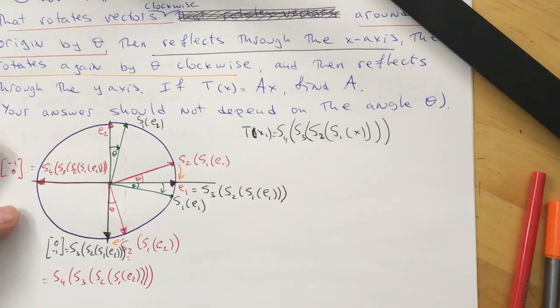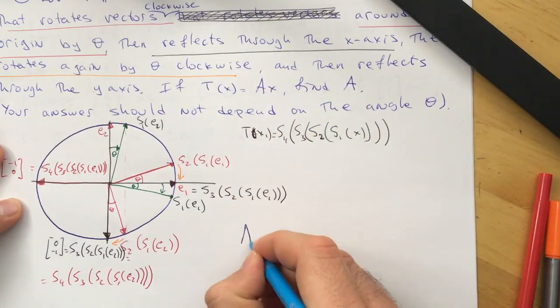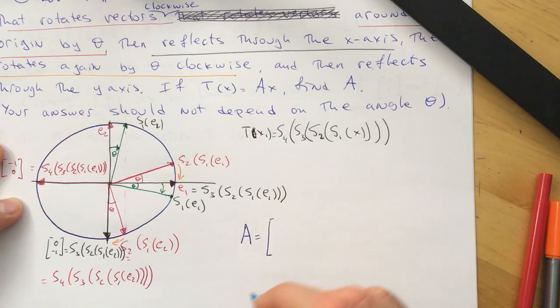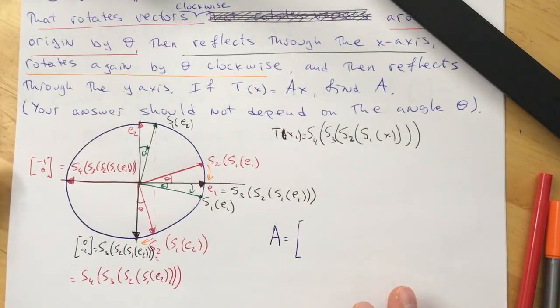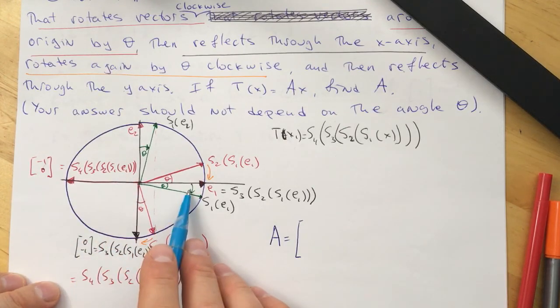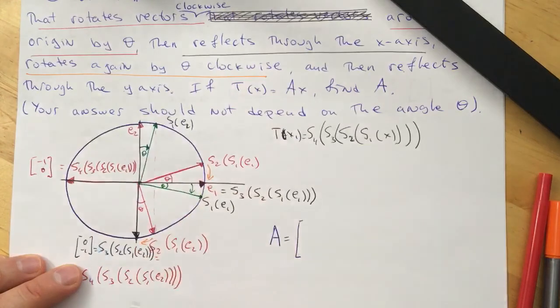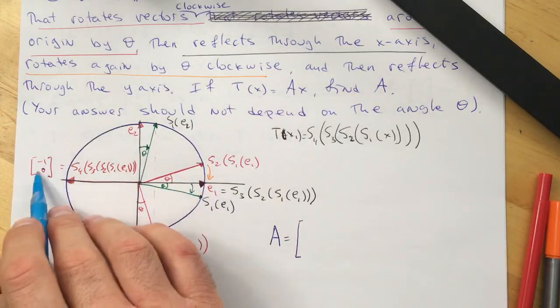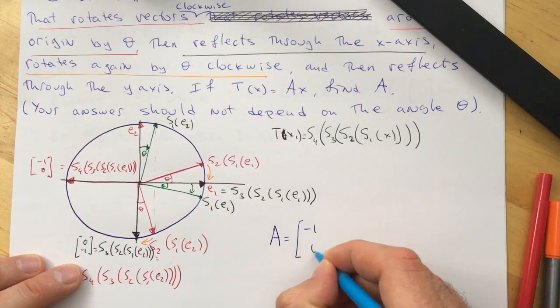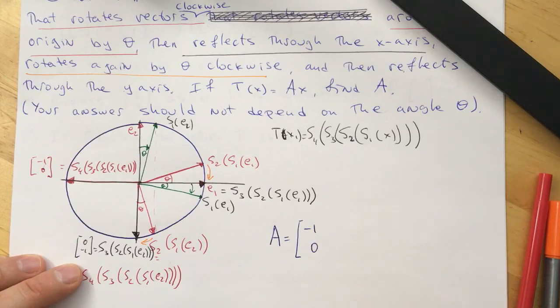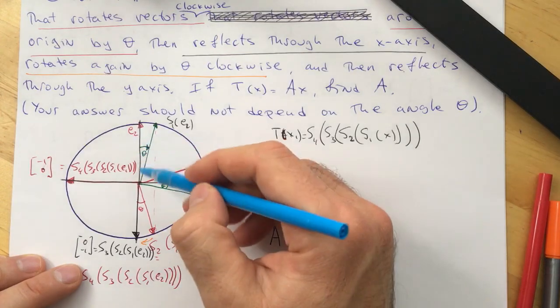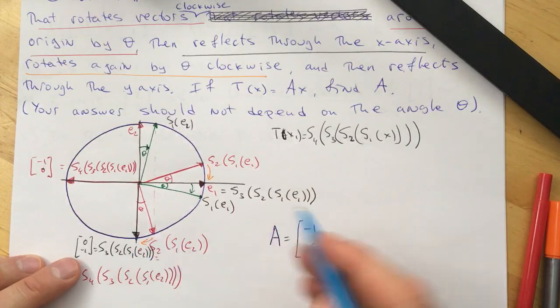So again, I'm going to remind you, the standard matrix of the transformation is just going to consist of the columns that are the images of the unit standard vectors under the given transformation. So what happened to E1 after this transformation? E1 got transformed to -1, 0, and E2 got transformed to 0, -1.